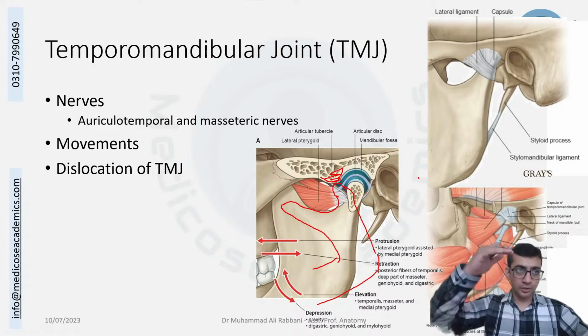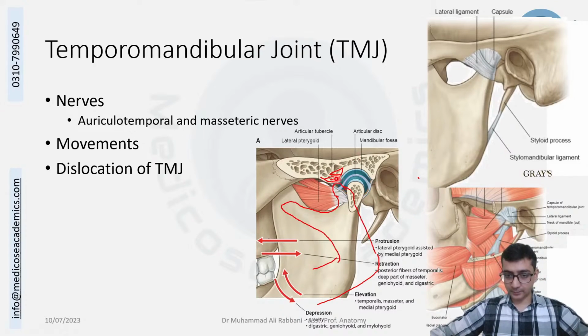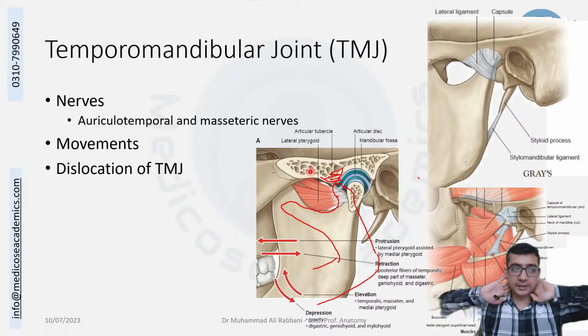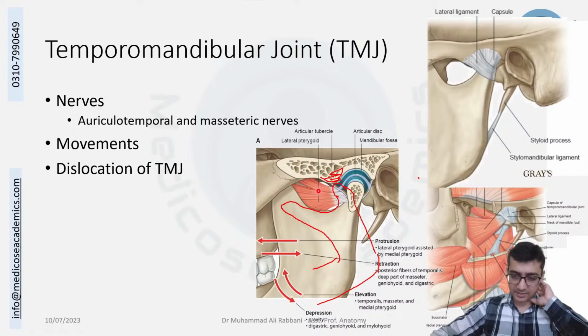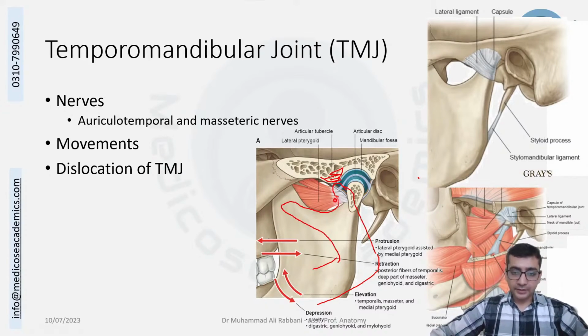But when you open the mouth, when the jaw drops, the head comes to the tip of the articular tubercle. Now it is vulnerable. It does not have anything stopping it in front of it. At this particular point, when you have opened your mouth very big and the lateral pterygoid muscle goes into spasm, or there is a blow from the back, then what happens is the jaw moves to the front.